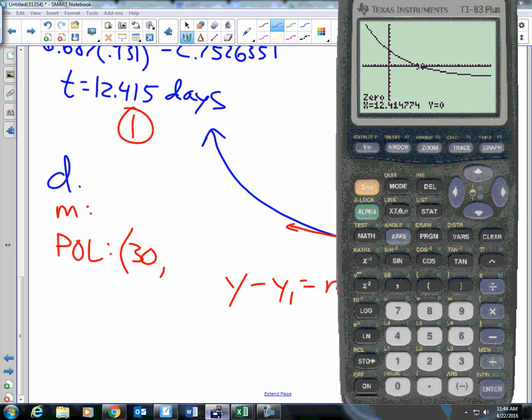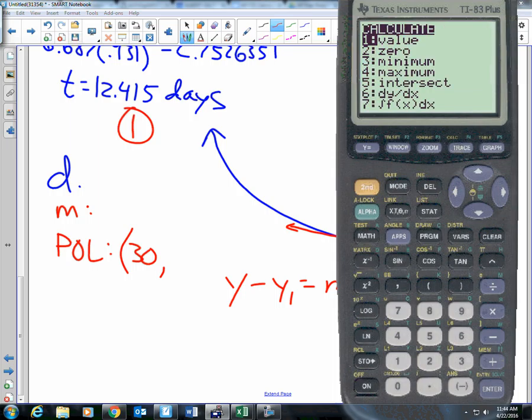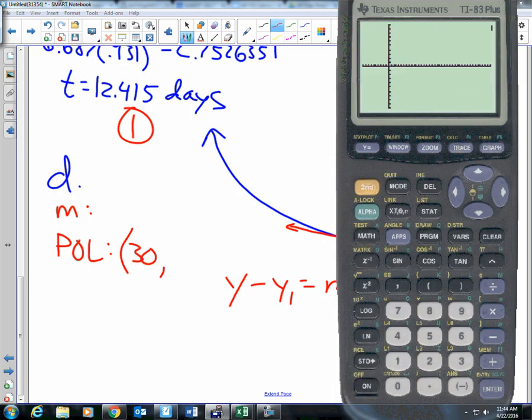I go back to my calculator. I remember I've got to get rid of that 2.75 thing now. And so as I calculate, I'm going to calculate a value number 1, and I'm going to plug in 30.